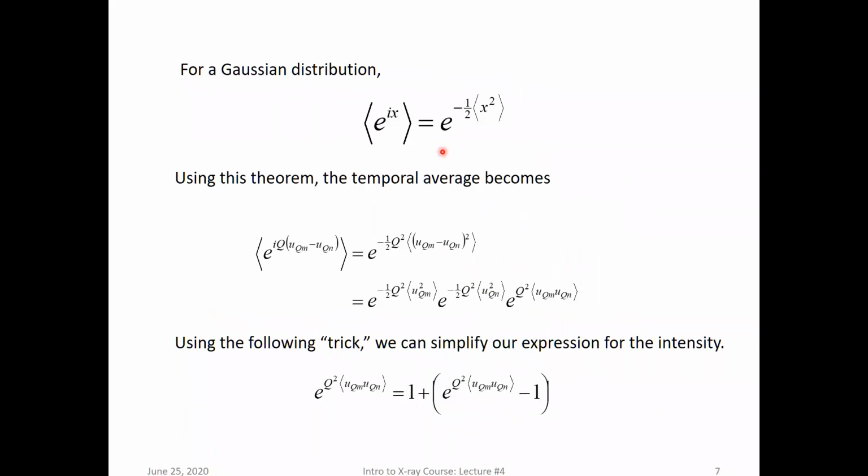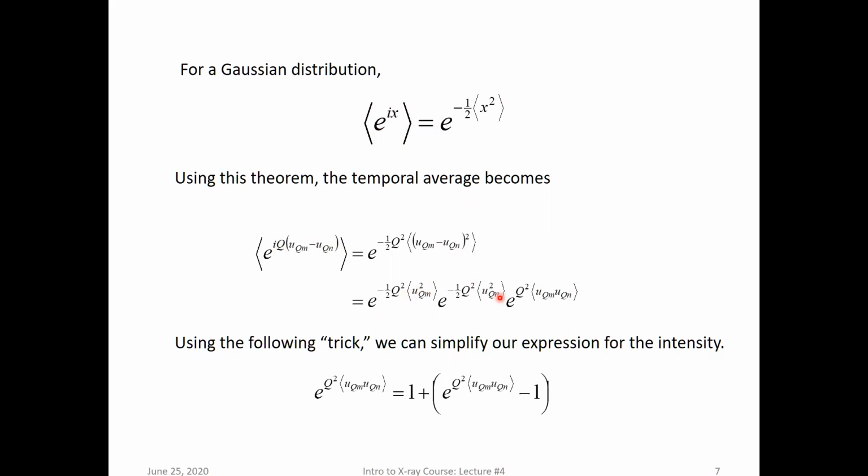For a Gaussian distribution of fluctuations, which is a really good approximation for us, the average, assuming that X is a Gaussian distribution, is just given by this thing here. And if I assume that this is true, my temporal average immediately factors into three terms. This is the average square amplitude of the nth atom vibration.